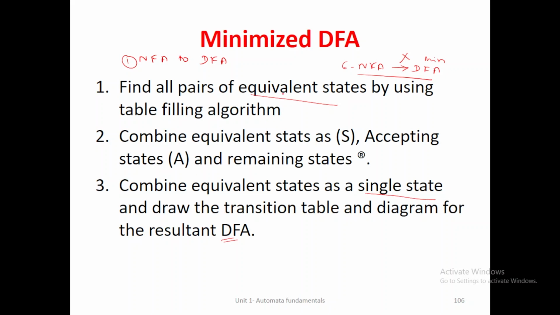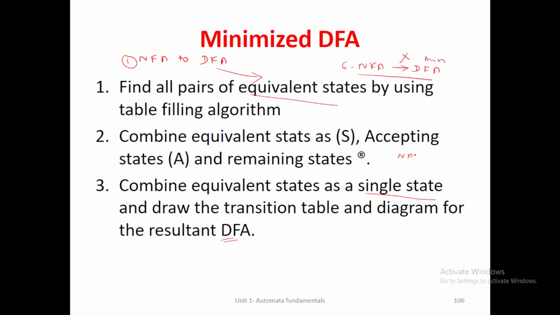Step 1, first you should identify the equivalent states in the resultant DFA. The DFA may be represented with a transition table or transition diagram. From the table or diagram, you should find out the equivalent states. Then, you should split the states into 2 categories, accepting states and non-accepting states.